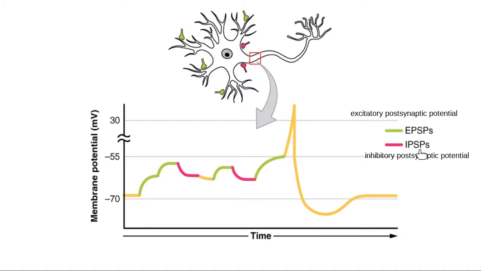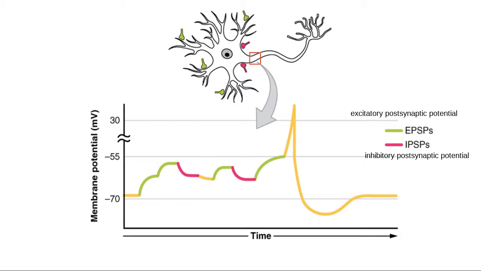The last thing we would want to make sure we knew was which kinds of ion channels generated each of these things, or which kind of ion channels we probably opened at each of these points. When I generate an EPSP, an excitatory postsynaptic potential, which kinds of ion channels help me to make EPSPs?